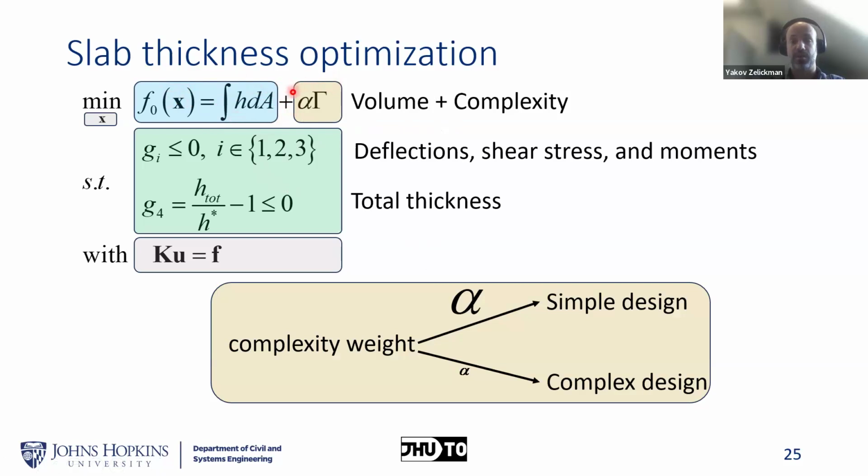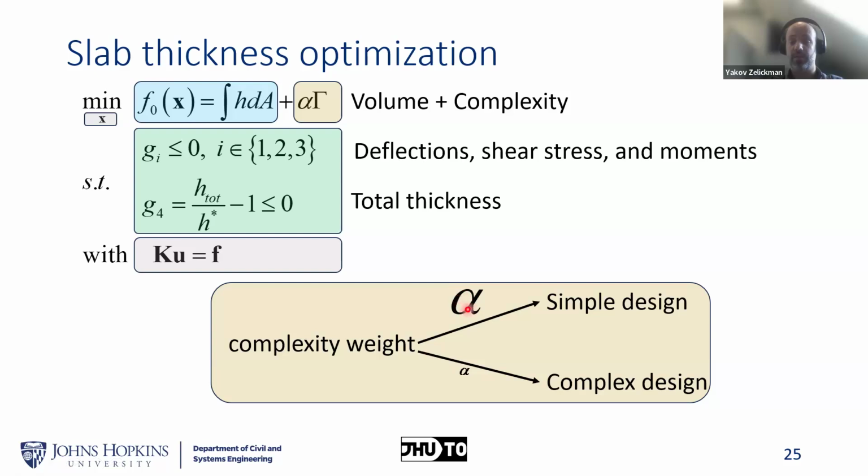And the other component is the complexity, which is, again, a product of two entities. The first one, gamma, is a measure of the complexity, and the second is alpha, which is a parameter. Then by optimizing with different values of alpha, you get different weights to the complexity.